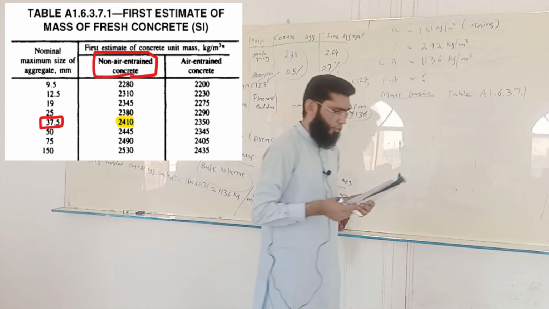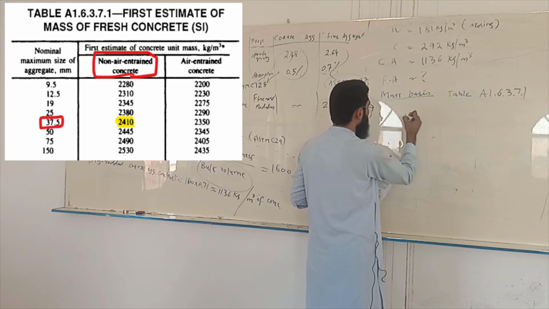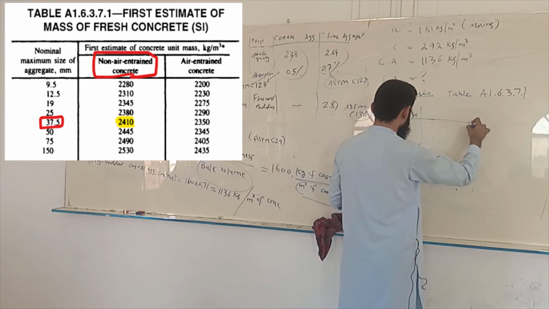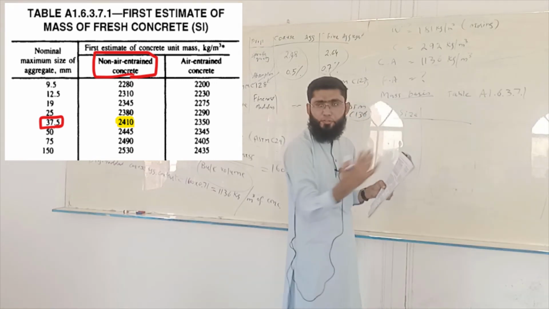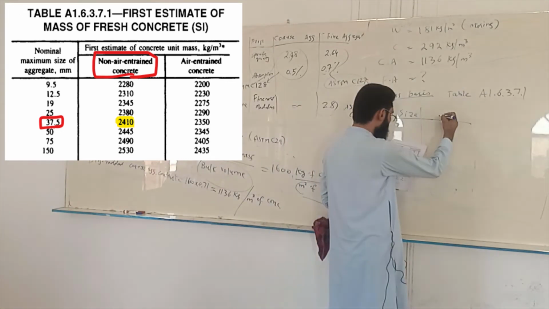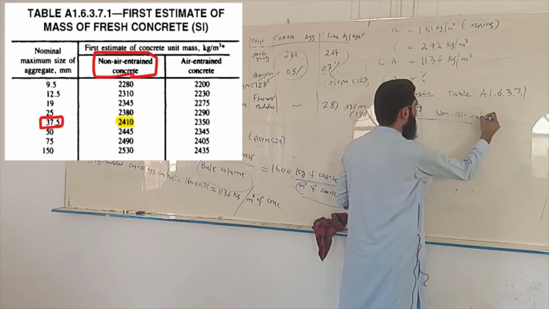Okay, and what do you see in the table? On the left we have the nominal maximum size of aggregate, and again you've got two distinct types of concrete: air entrained concrete and non-air entrained concrete. So I'm going to write only the non-air entrained concrete part.